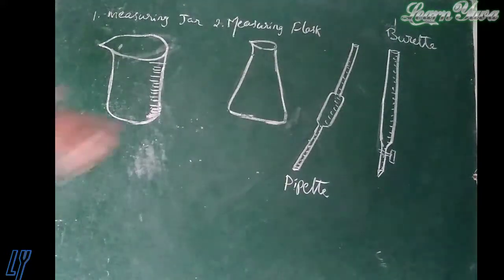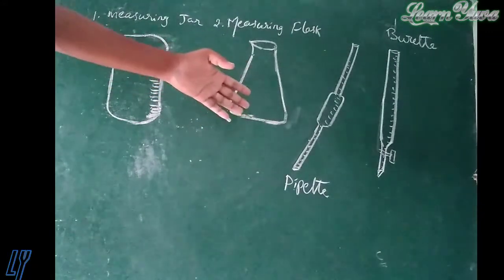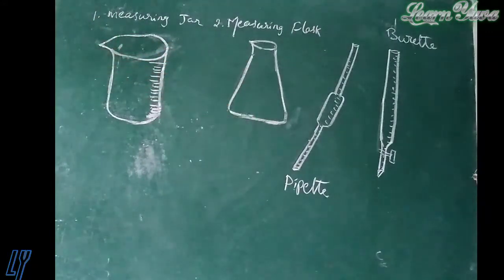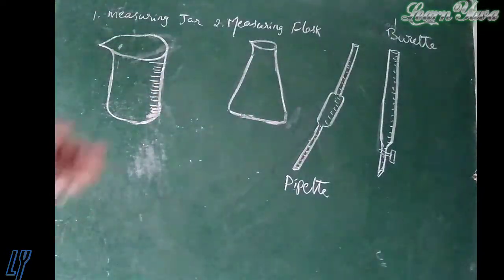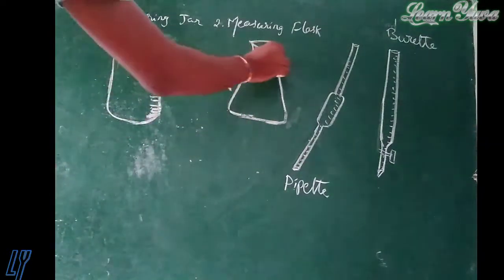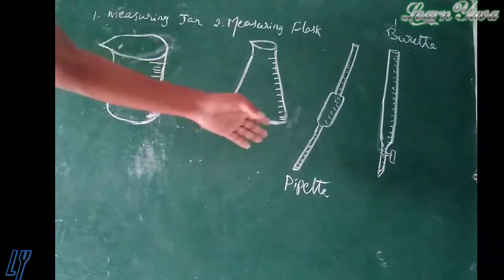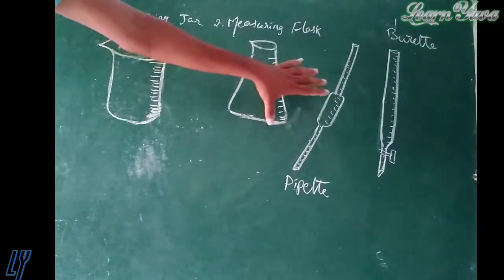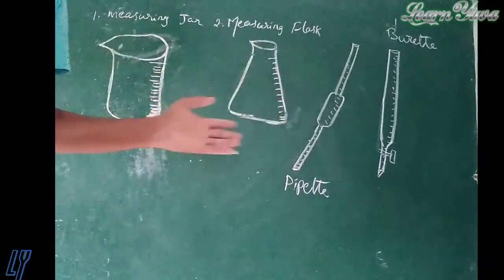Measuring jar or measuring flask, conical flask we call this, burette and pipette. Here if you observe, I marked some lines. These lines are nothing but readings. Depending upon the size and quantity of liquid we require, these sizes may vary.